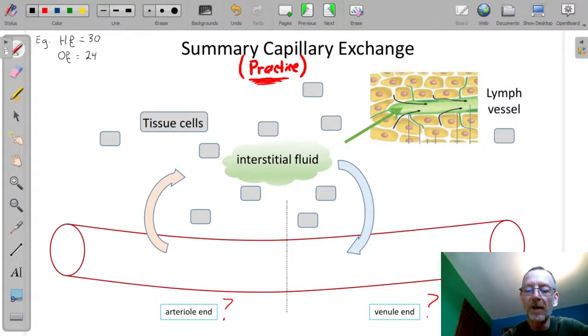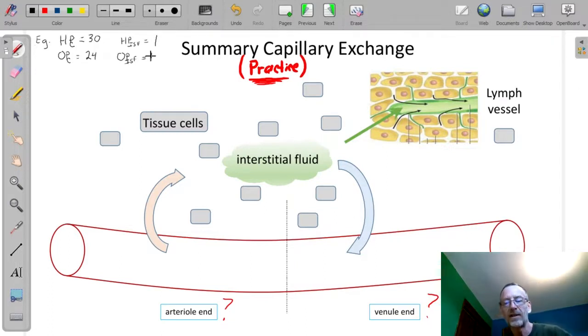I'm just making these numbers up, but they're close to what we had before. And let's do the interstitial fluid. So that's the capillary side compartment. And let's do the hydrostatic pressure in the ISF, and let's make that 1. And let's make an osmotic pressure in the ISF, and let's set that to 1 also.